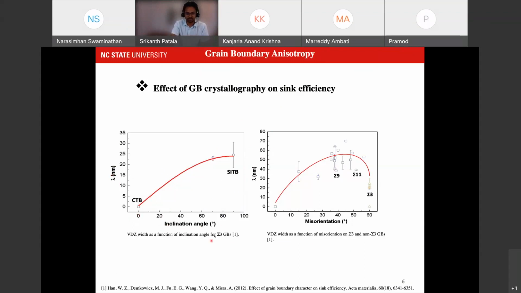For a very specific set of boundaries called sigma 3, I'll talk about what sigma is actually in the next few slides. Or if I were to project it to a misorientation angle, you see a lot of scatter here in terms of properties, basically saying that a property such as sink efficiency cannot be projected down to these smaller dimensions to understand the variation of this property as a function of crystallography.